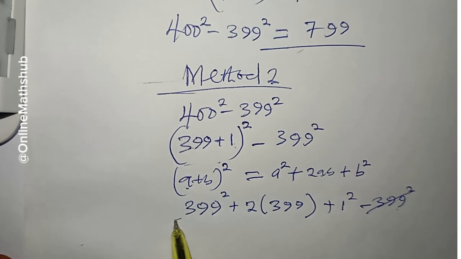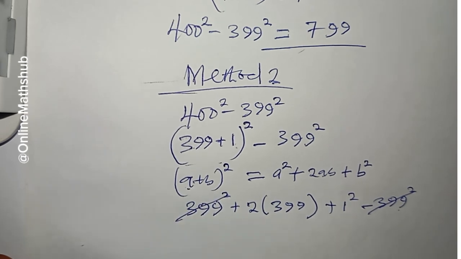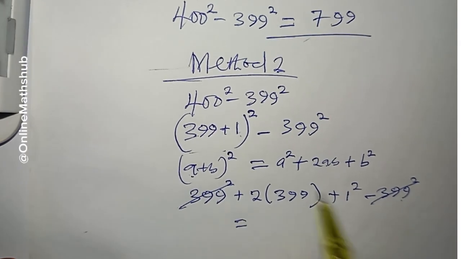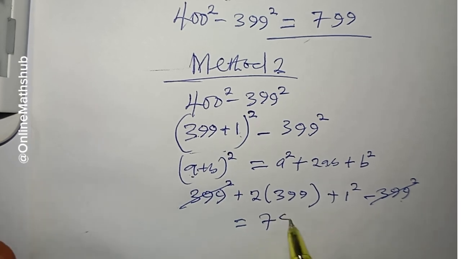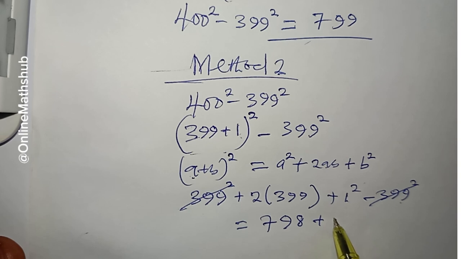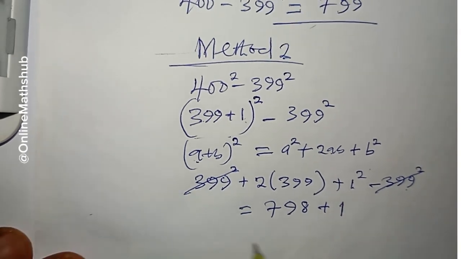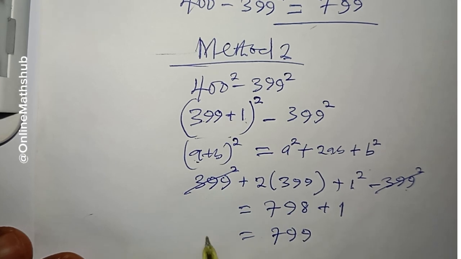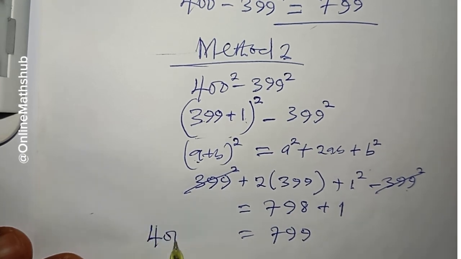This can cancel this one right here. So what I now have from here is 2 times 399, which is going to give you 798, plus 1 squared is equal to 1. When you sum this, you're going to have 799, which is the value of this problem we are solving.